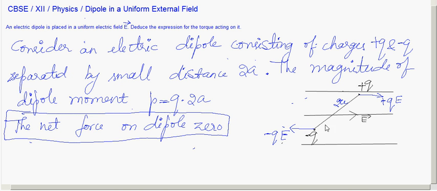So let me say this dipole makes an angle theta with the electric field. The dipole is placed in a uniform external electric field, not magnetic field, sorry, such that it makes an angle theta with the direction of the electric field.